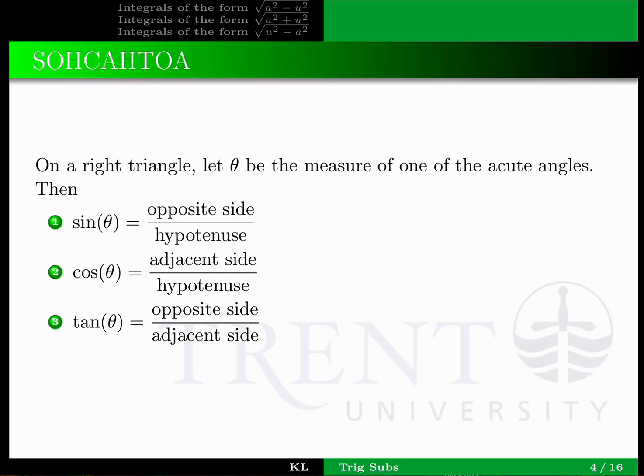If you've got a right triangle, and this is the angle theta, then the side opposite of angle theta, let's label that as O. The side adjacent to theta, let us label that as A. And the hypotenuse, of course, we label that as H. And here we have the SOHCAHTOA.